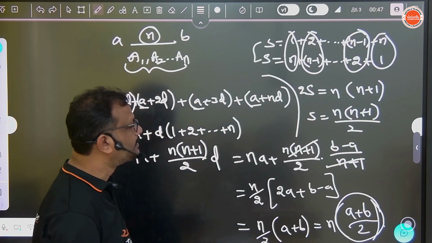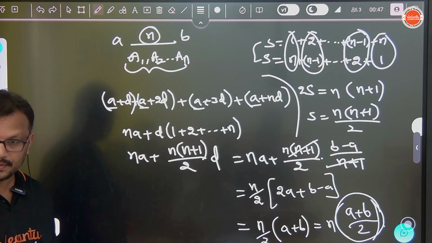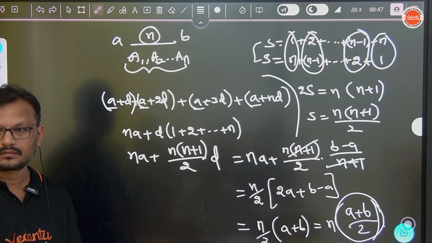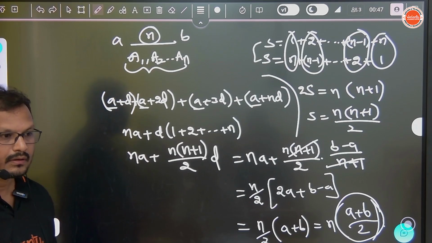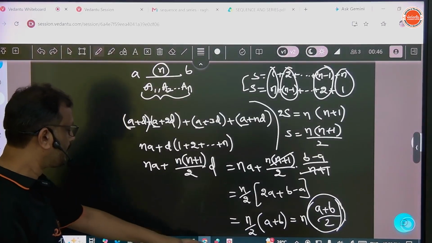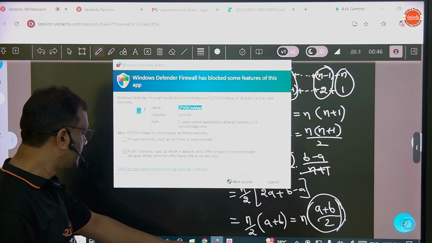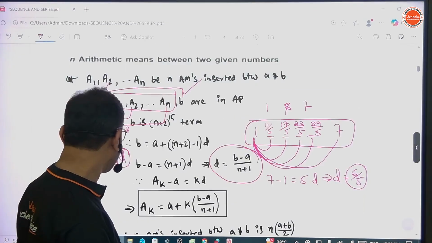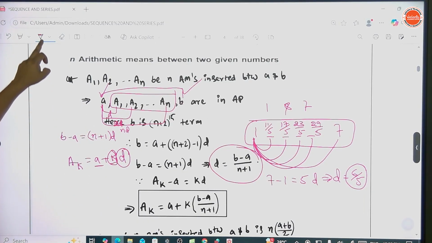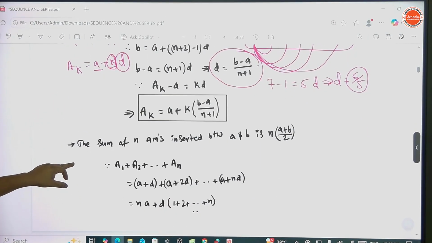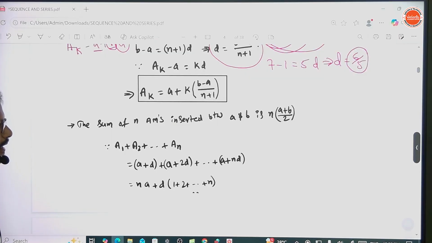Is my point clear? So overall, the sum of n arithmetic means inserted between a and b is equal to n times the arithmetic mean between a and b.